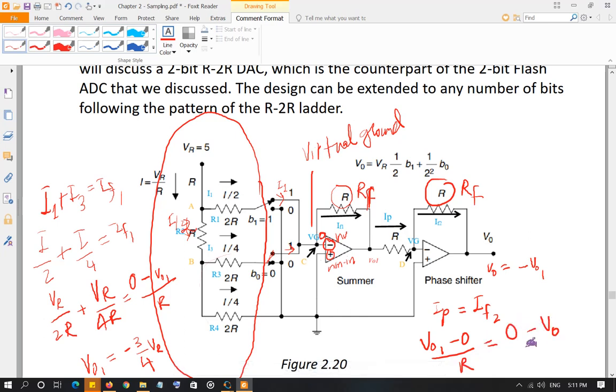IF2 is 0 minus Vout over R. This R is cancelled out. So Vout is going to be what? Vout is going to be negative of Vout1, and Vout1 is negative 3/4 of VR. So Vout will be equal to what? 3/4 of VR.